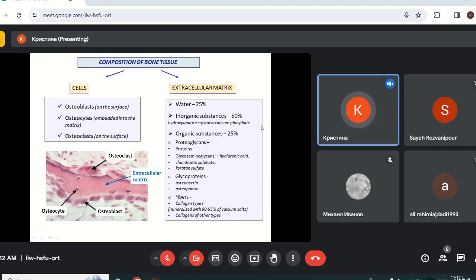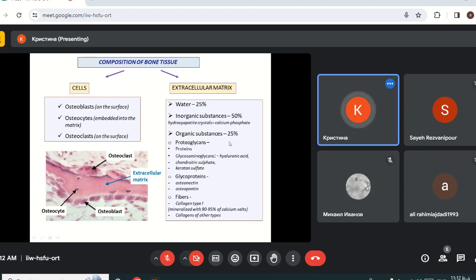Extracellular matrix is composed of some amount of water, about 25%, inorganic substances such as hydroxyapatite crystals, the calcium phosphate salts, and organic substances, about 25%.